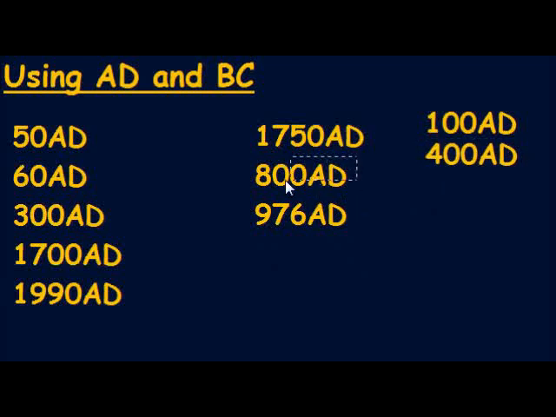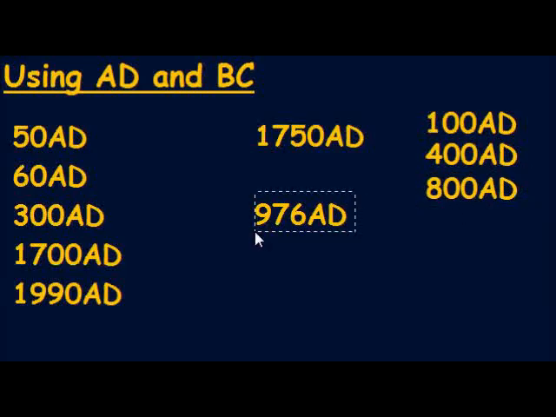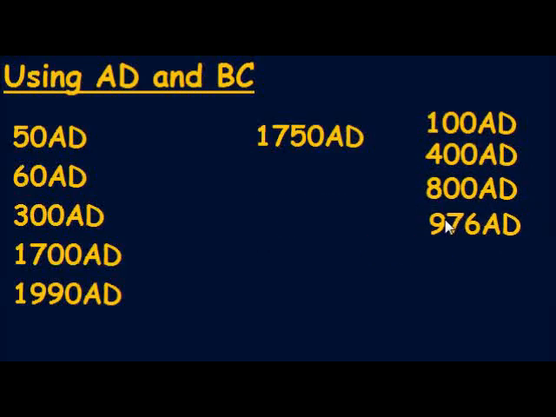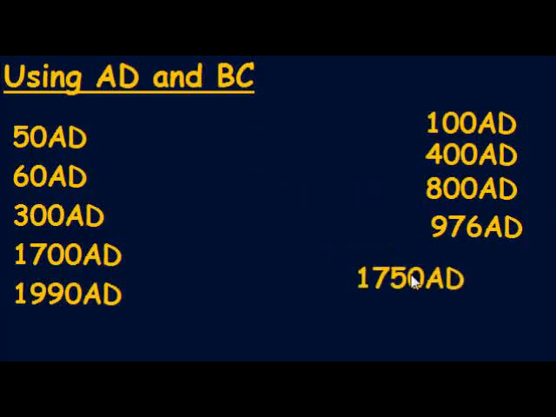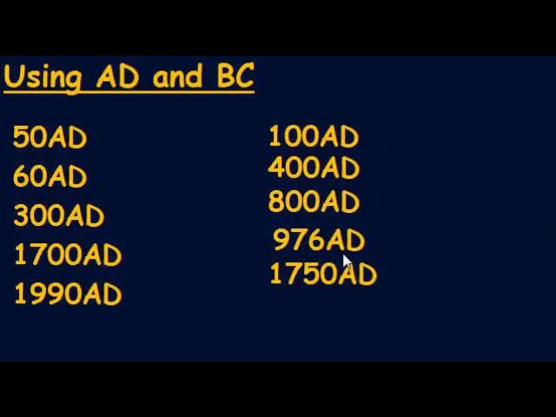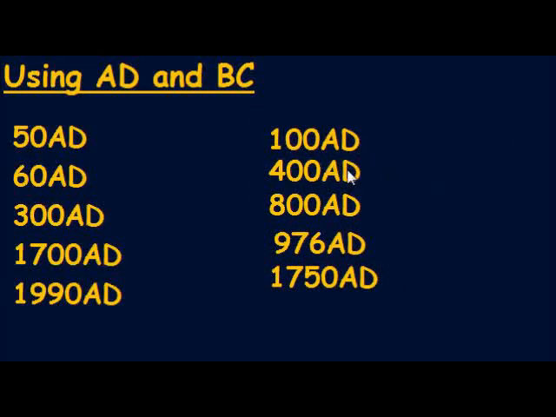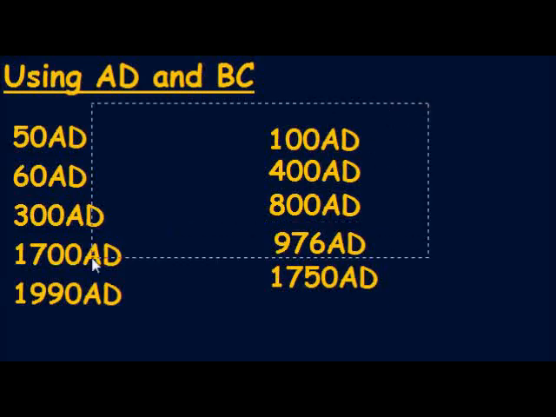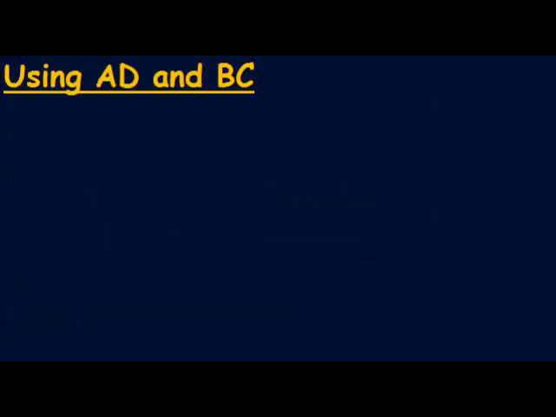We would take the next largest number, which is 800. Then 976. And finally 1750. And we've managed to put these dates ending in AD into chronological order, and we've managed to do that by going from the smallest number to the largest number so that the years are in order. Okay, that's how you put AD dates into order. The bigger the number, the closer it is to the current year.